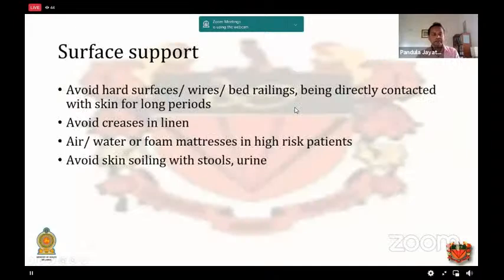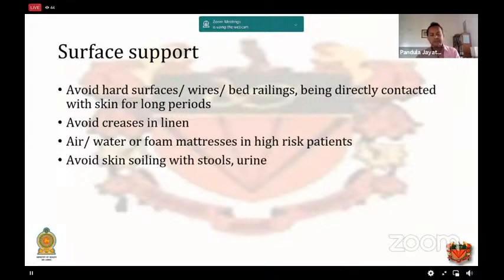So what are the surface support methods we have? We have to avoid hard surfaces, wires or bed railings directly contacting the patient, especially for a prolonged period, and also avoid skin creases in linen. Air water mattresses will prevent bed sores in high risk patients, and we also have to prevent skin soiling with stool as well as urine.